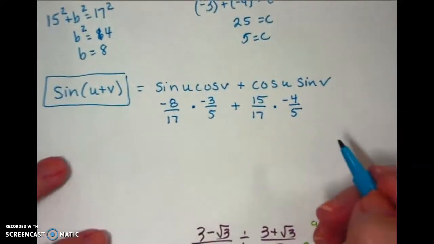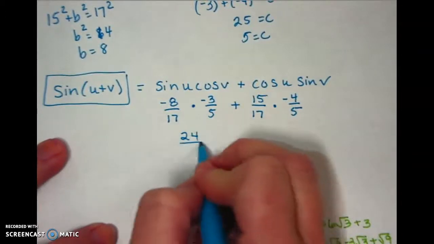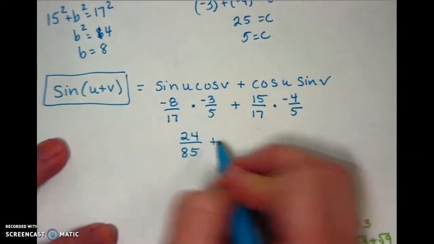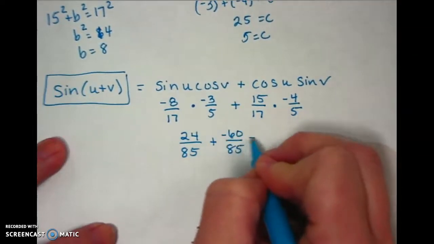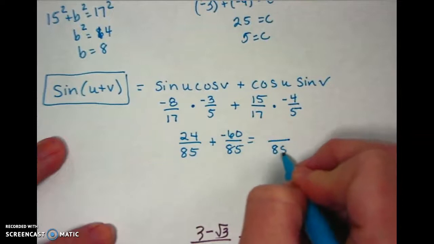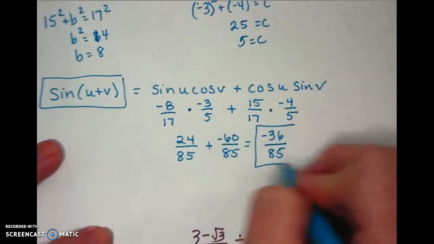And now we're just multiplying our fractions. This gives me a positive 24 over 85, and this gives me a negative 60 over 85. I have a common denominator of 85, and we have negative 36 over 85.